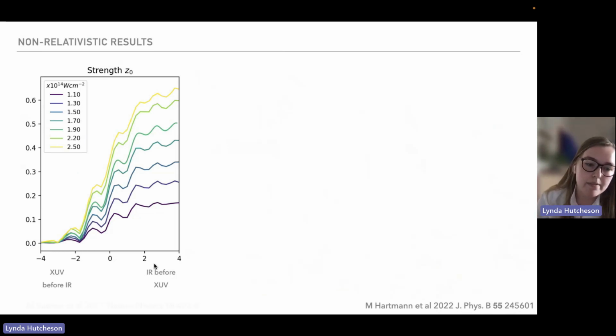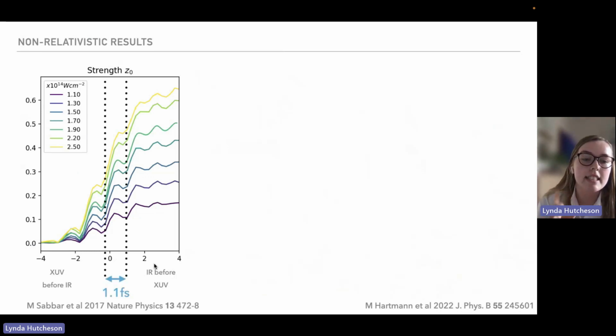What we find here confirms the findings of this paper, where they looked at this in more detail. The other thing that you can see from the strength fit parameter is that there are oscillations in the build-up, and these oscillate with half of the IR period. The minima of these oscillations correspond to the zeros of the IR field.